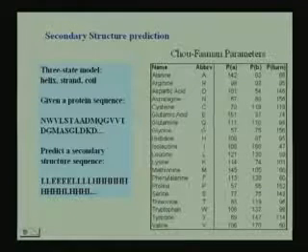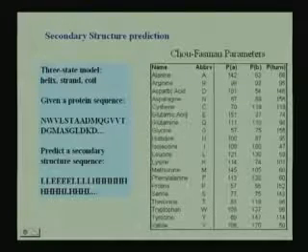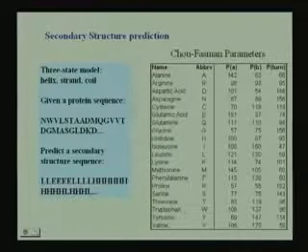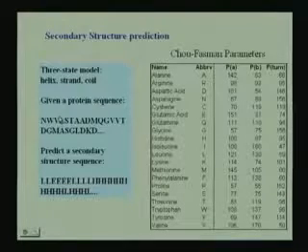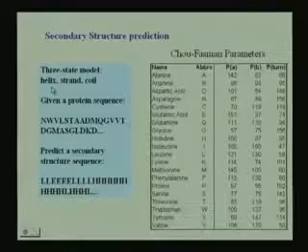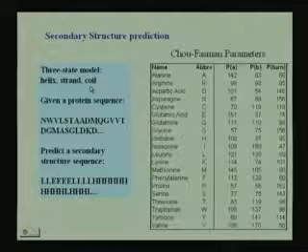But if I want to do a secondary structure prediction, what does it mean? You have to remember that you have the protein sequence always available to you. You do not have the structure always available. So if we want to construct a 3-state model, we have the helix, the strand and the coil.